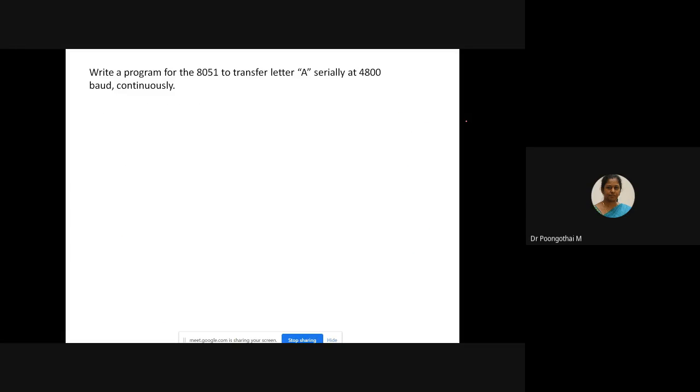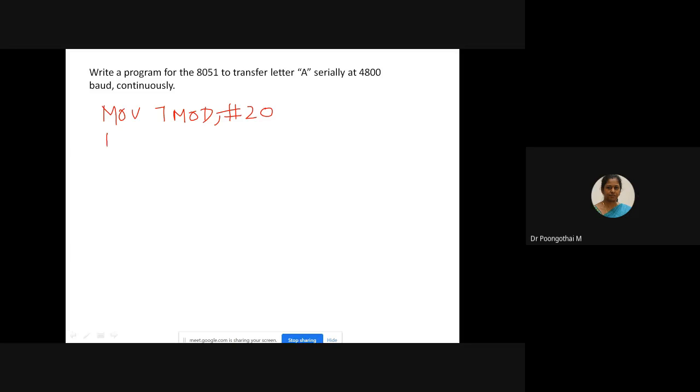So here, write a program for 8051 to transfer letter A serially at 4800 baud rate continuously. So what is the first step? First step, move TMOD, #20 to set your timer 1 in mode 2.